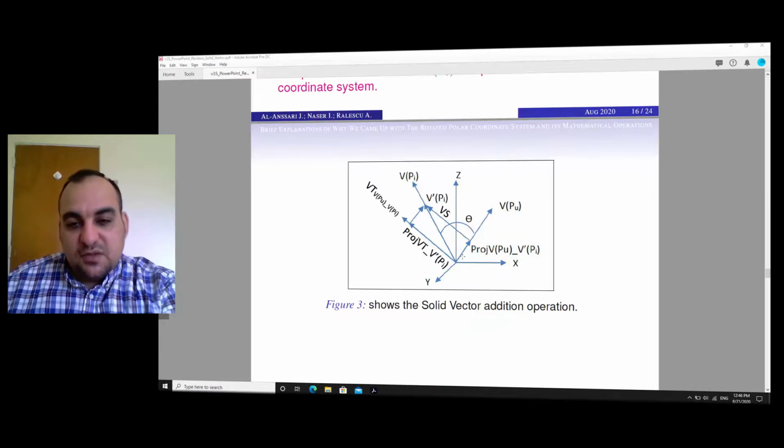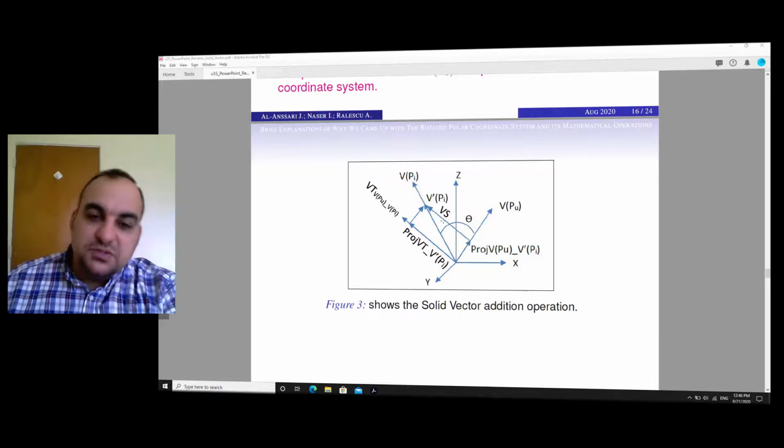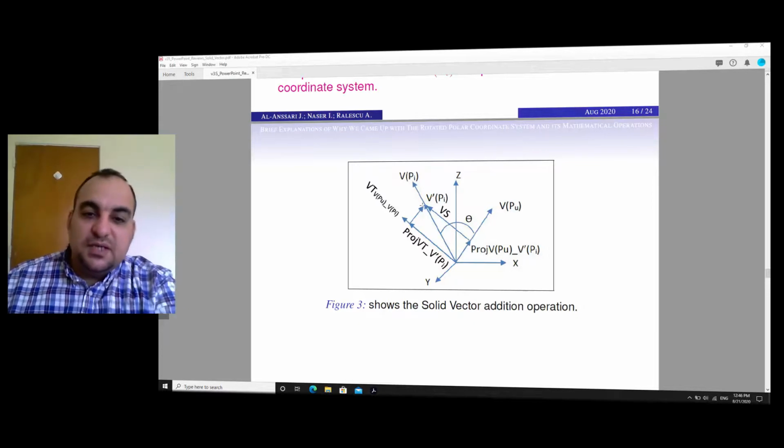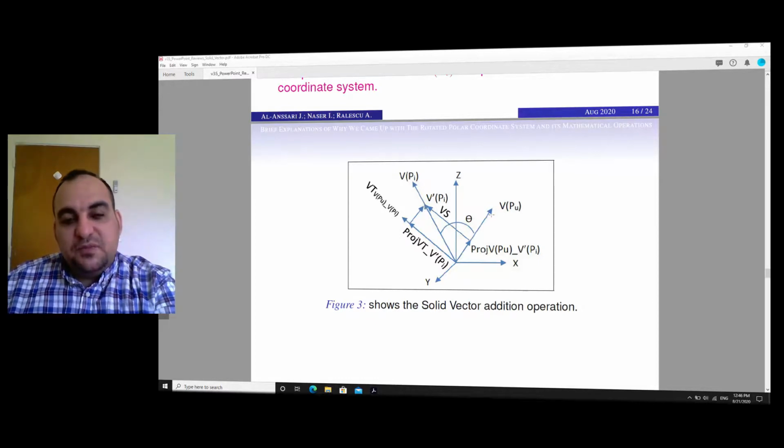The given inputs are the directional pole 0 vector VP0 and the vector VT that contains the theta angular displacement and the directional sine axis VS. So first we do the directional addition, then we do the magnitude addition. To do the directional addition, we suppose vector V prime PI length equal to vector VP0. We project vector V prime PI on VP0 and on VT respectively.